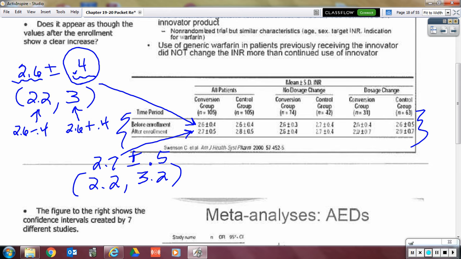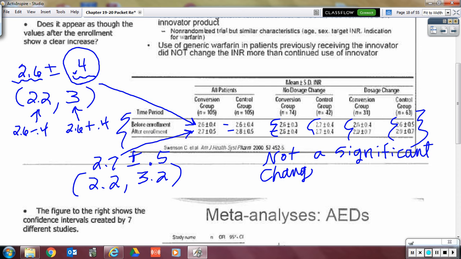And in fact, if you looked at every single one of these comparisons of the before to the after, they're all going to have overlap in their interval. So can we say that there's a significant change from the before to the after? And that answer is no. So this is telling us that there is not a significant change from the before to the after.